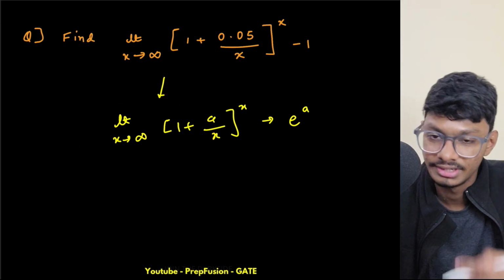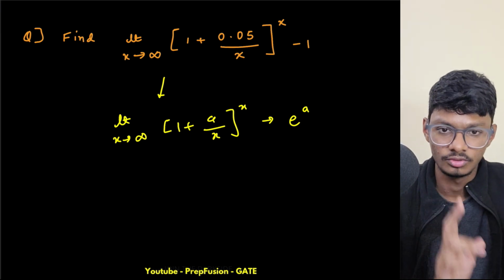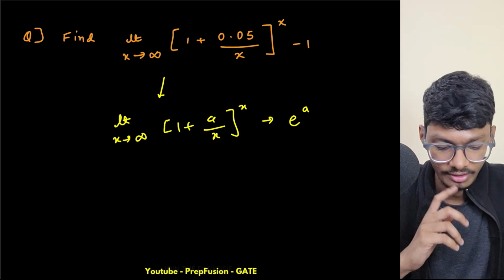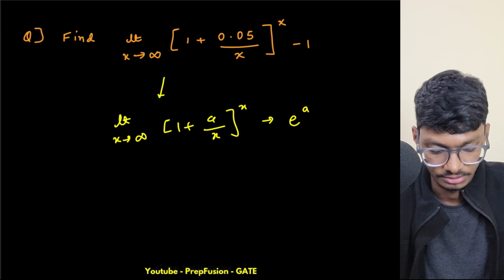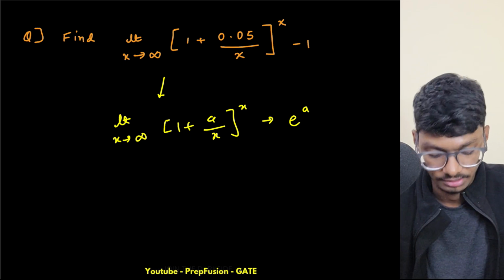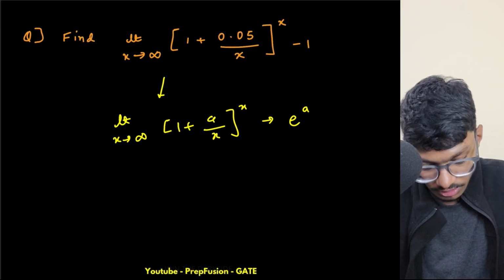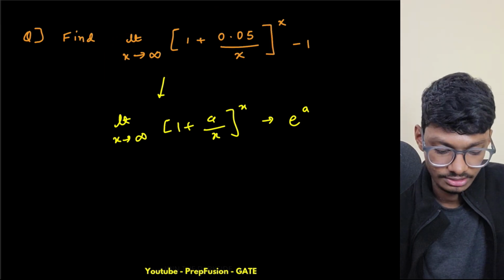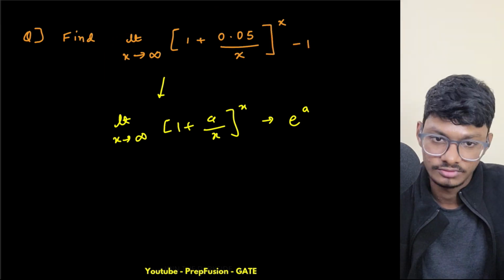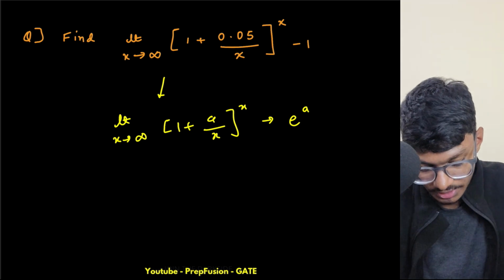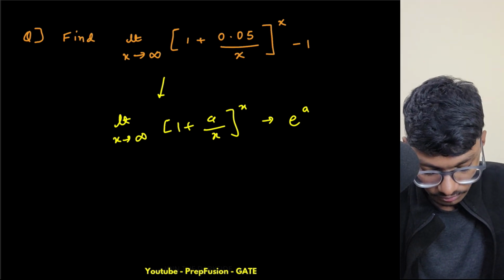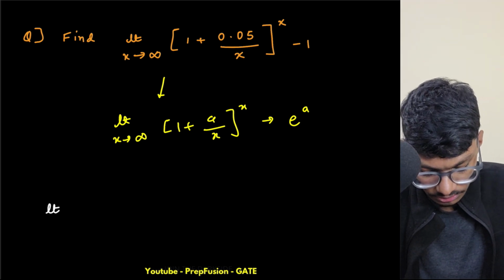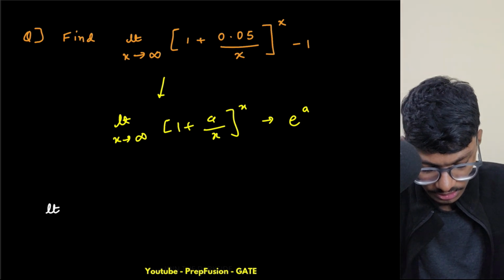But let's derive this. It will take you maximum 30 seconds to 1 minute. It's fine if you can't remember everything, I also wasn't able to remember everything. So let's first use this, then I have to just subtract this minus 1. We'll take care of this minus 1 later. So first what we need to do is limit x tends to infinity.